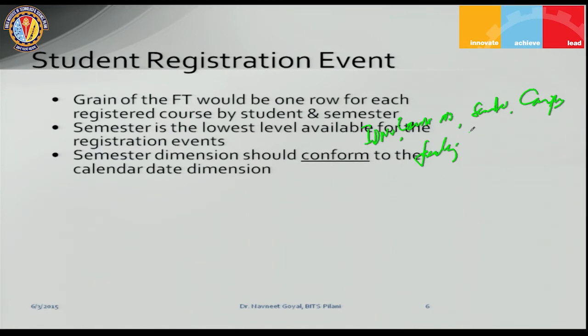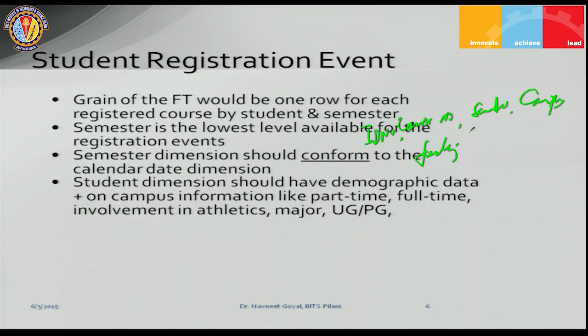That's why we need to conform. And student dimension should have demographic data plus on-campus information like part-time, full-time, involvement in athletics, major, UG, PG, etc. Student dimension should have the demographic data for on-campus students.